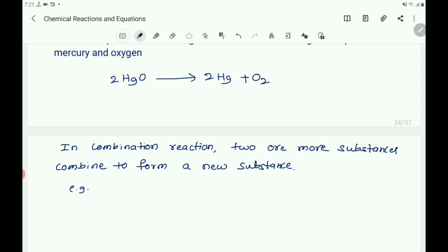Example, you take magnesium combines with oxygen to give magnesium oxide.